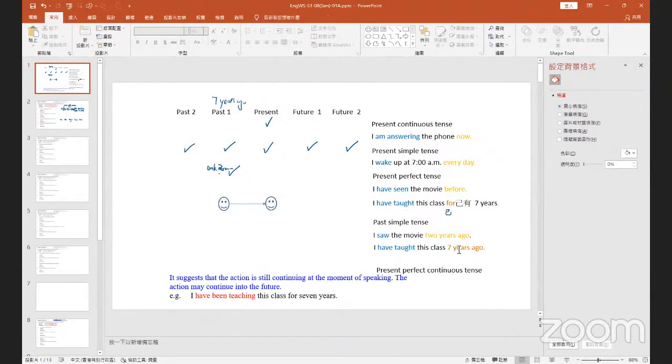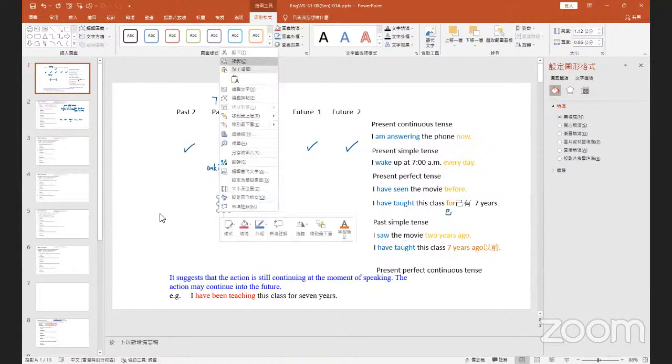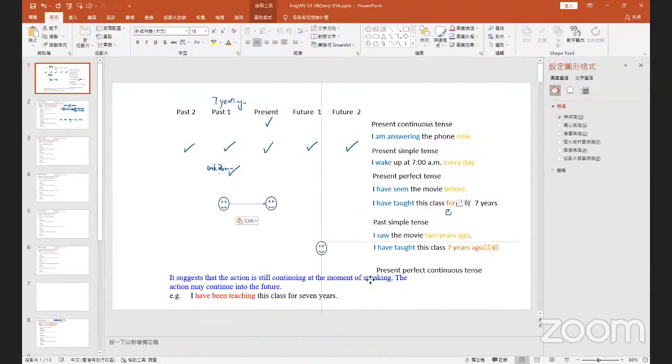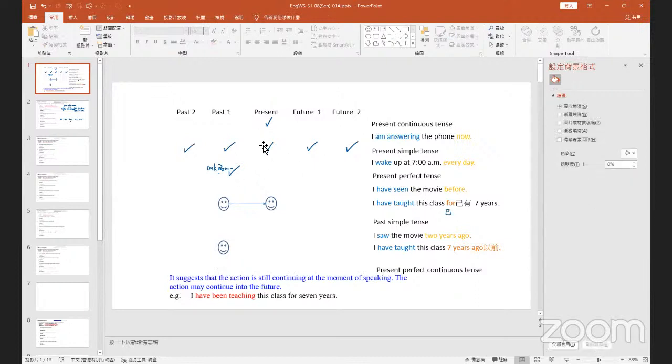If you say 7 years ago, and finished, no more.